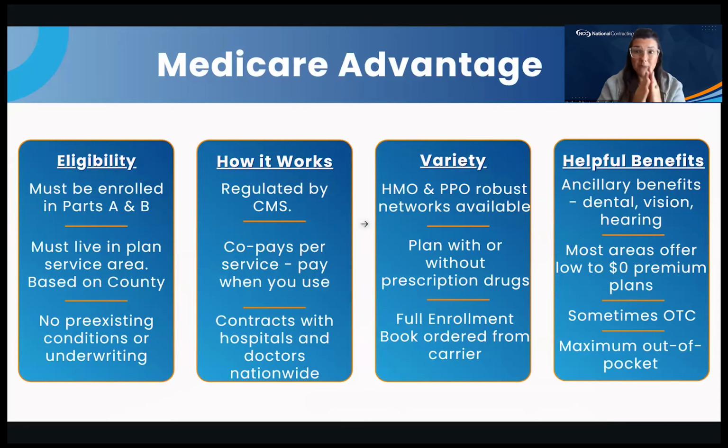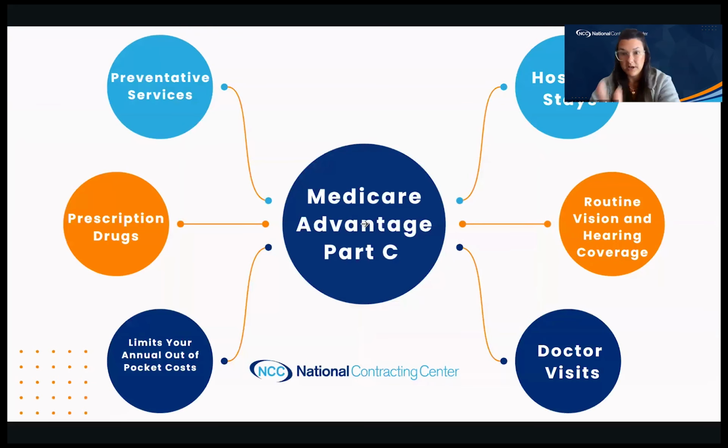You can make a package that includes extra dental, vision, hearing, hospital indemnity, and still you're staying way under that Medicare supplement cost. So it's all about explaining the pros and cons, how it works, keeping it simple so that they can follow you and understand. Again, those temperature checks are important. Are you following me? All right, so we're going to explain Medicare Advantage, very simple, how it works.